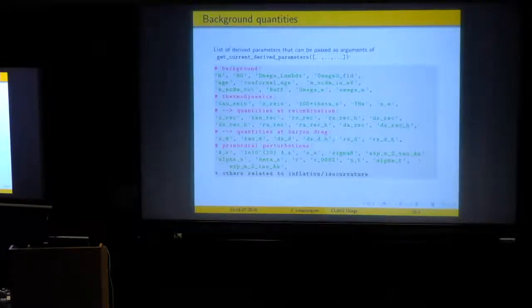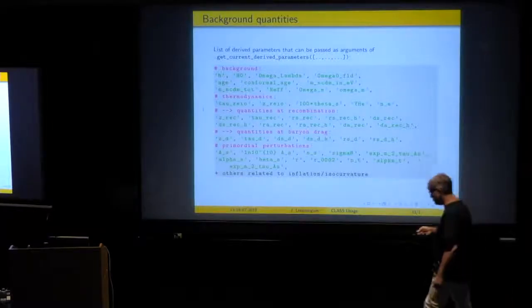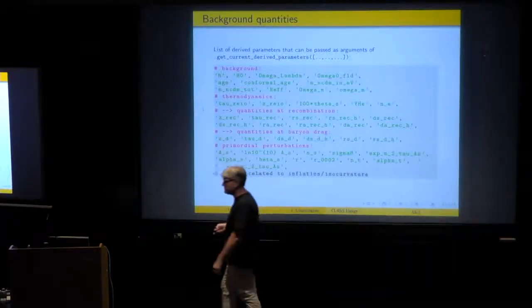So this is used a lot in BAO likelihoods. At the level of primordial perturbation, there are a number of derived quantities, like say sigma8, for instance, and many others. And actually, there are other derived quantities related to inflation and isocurvature mode that I do not show. So in the next script, you will see how by playing with derived parameters, we extracted some useful information for the plots.